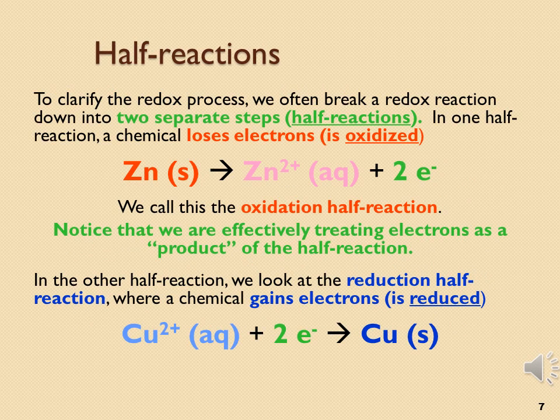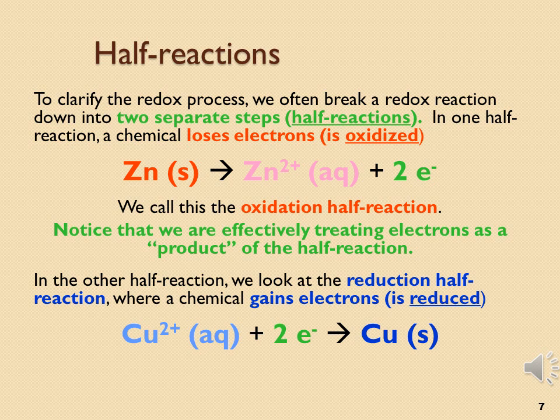To clarify the redox process, we often break a redox reaction down into 2 separate stages we call half reactions. In one half reaction, a chemical loses electrons, which we say is oxidized, or oxidation. We call this the oxidation half reaction for zinc moving into zinc ion with a release of 2 electrons.